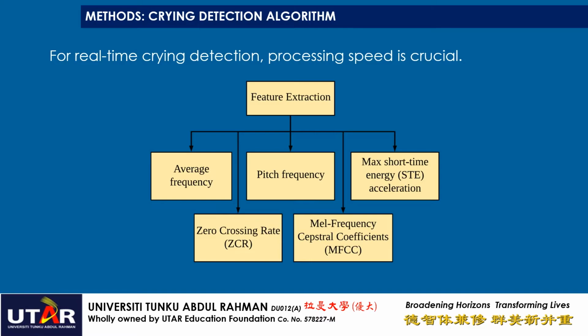The 5 features are the average frequency, to reveal where the frequency band of the sound mostly stays; the pitch frequency, because crying sounds have a unique pitch from non-crying sounds; the maximum short-time energy acceleration, to detect bursts of crying after silent periods; the zero crossing rate, which is useful for distinguishing voice sounds from non-voice sounds; and finally the Mel-frequency cepstral coefficients, or MFCCs, which make use of the Mel scale frequencies that better emulate human hearing.